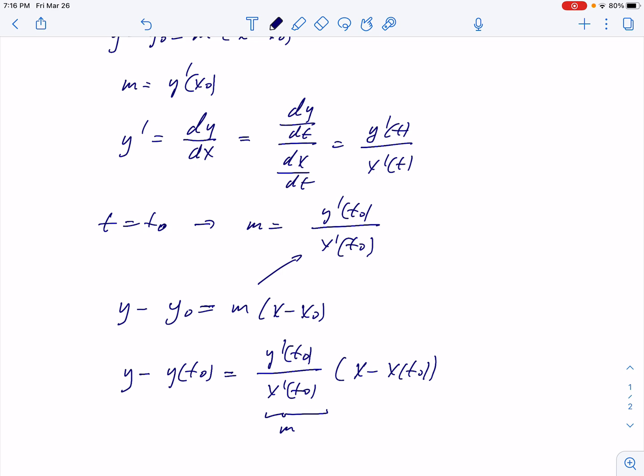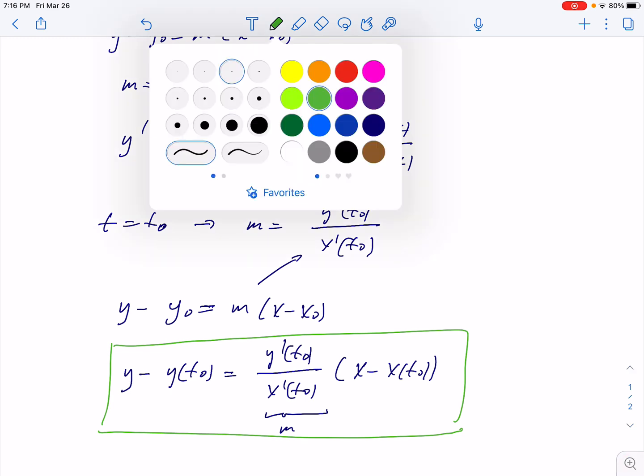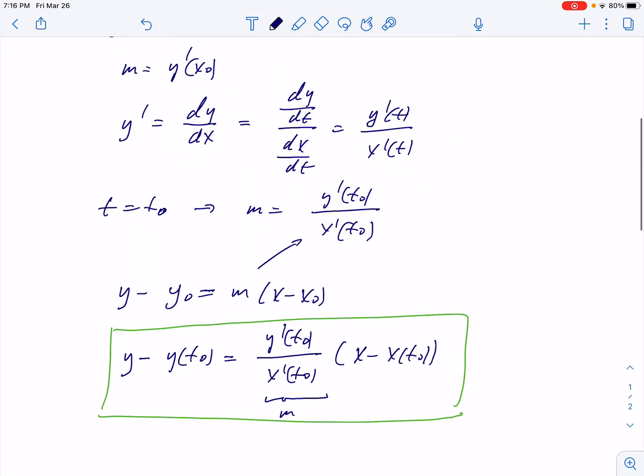I shall put this in green. The formula for the tangent line at the point x0, y0, which corresponds to t0. I shall write this down here. Tangent line at the point x of t0, y of t0.